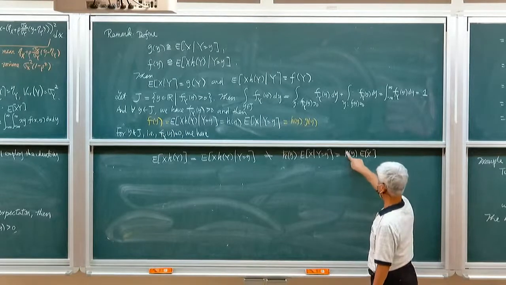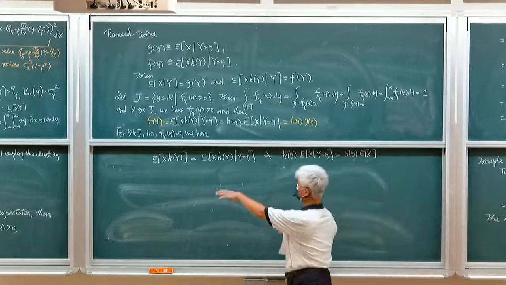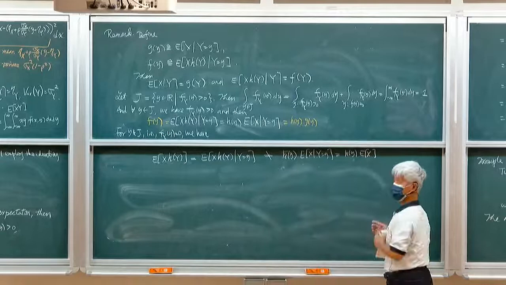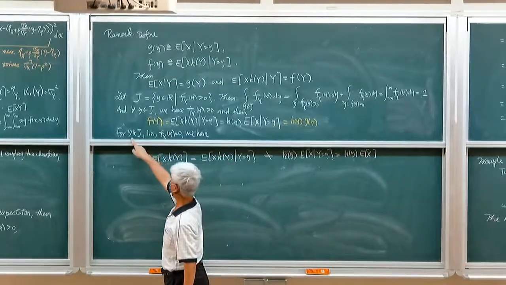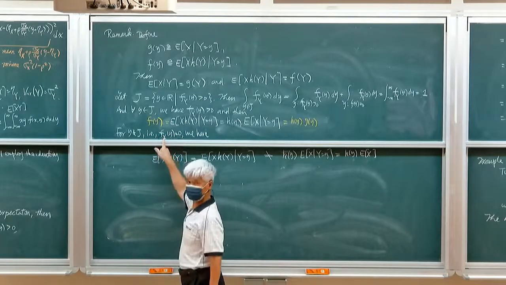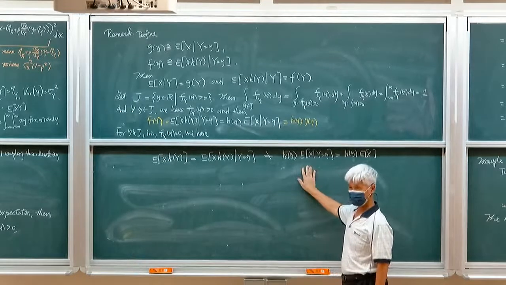Why? Because h(y) depends on y, but this one is a constant. So if there are many y such that f of y is 0, then some of them may not be equal.